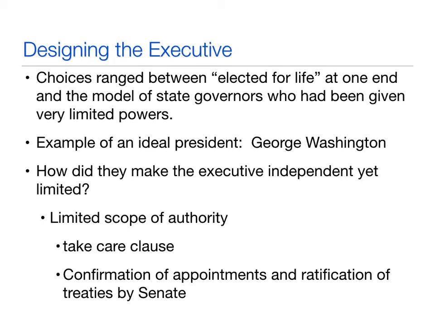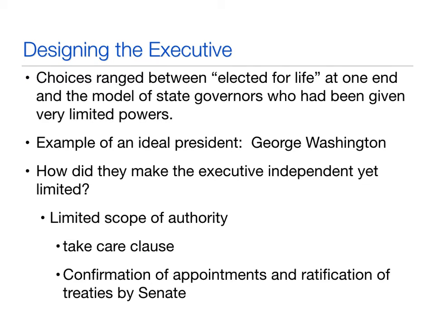So the take care clause basically says shall go ahead and take care to enforce the laws. That's ambiguous, but it's not giving the president unlimited amounts of authority. They're just there to enforce the laws. So also the president would have the ability to confirm appointments to government seats, and the Senate would have to ratify them.